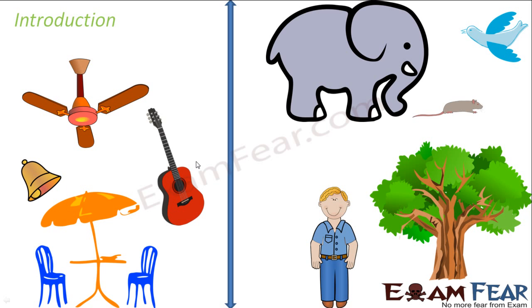For that we need energy, and from where do we get that energy? We get that energy from food, right? So these processes which are taking place inside the body of any living organism are known as life processes. In this lesson, we are going to talk about the different life processes which keep happening inside the body of a living organism, right?